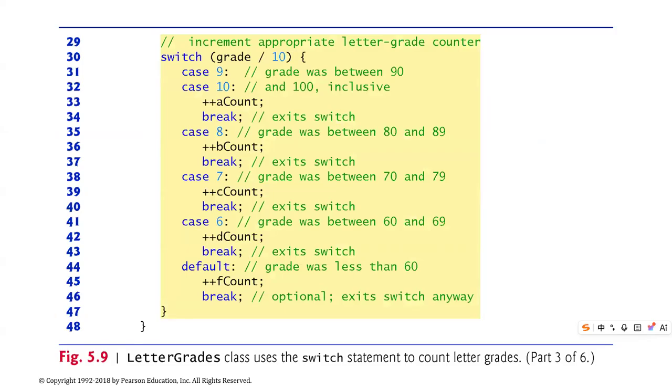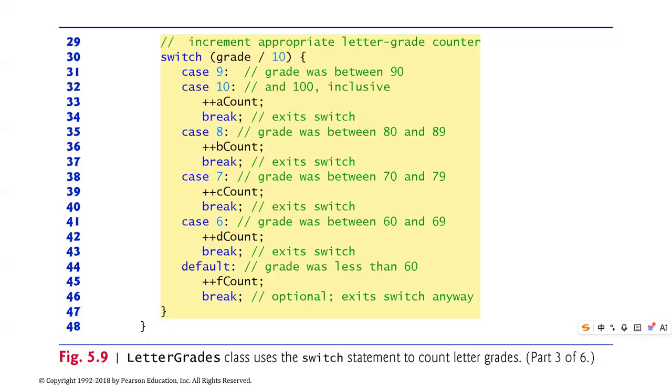Once we have the grade, we will divide them into different groups for different letter grades. For example, here we use the grade over 10, divide by 10, to separate them into different groups.